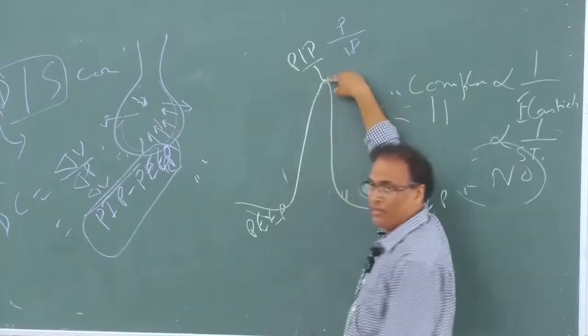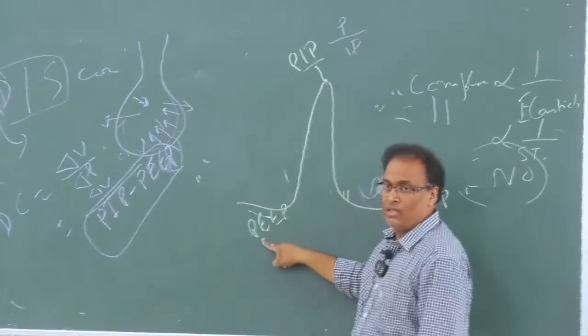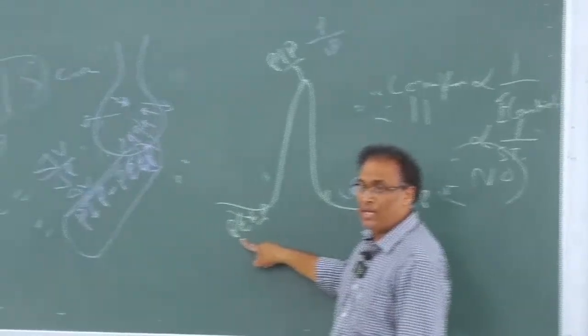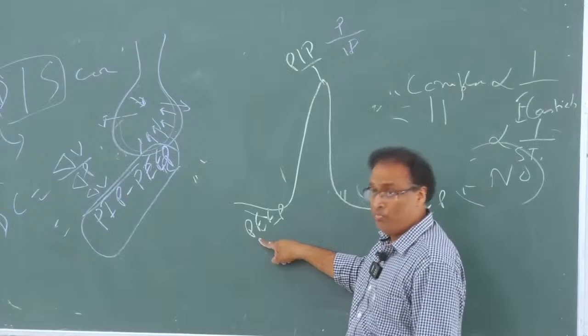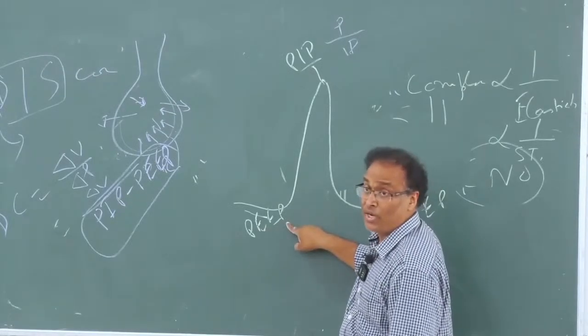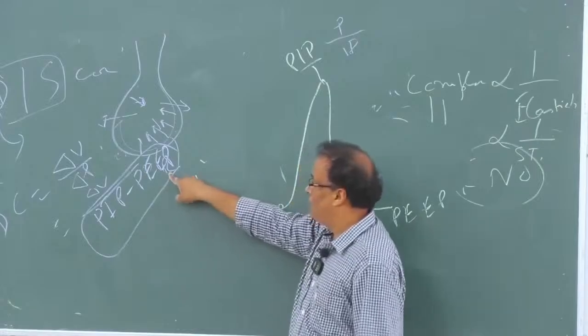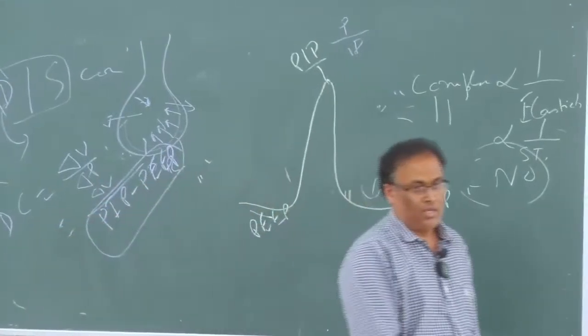This is inspiration. And this is end expiratory, the end expiratory pressure. So this minus this is the pressure change in case of dynamic compliance.